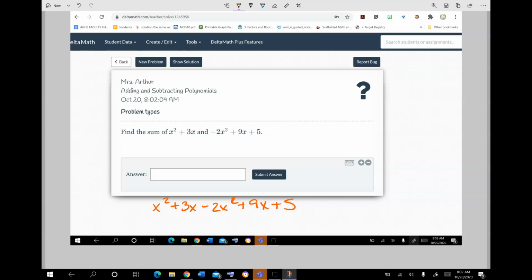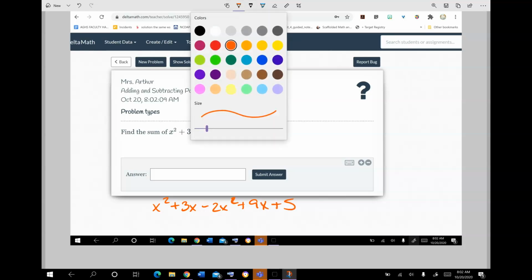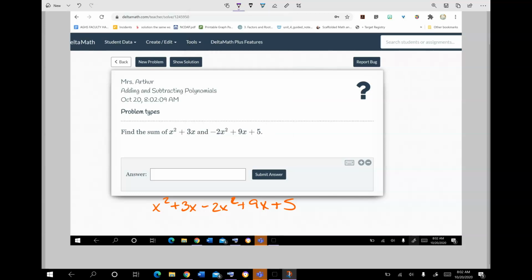All right, so all we're going to do is just smush what are common, okay? So x squared and negative 2x squared makes a negative x squared. Positive 3x and positive 9x make a positive 12x. And then plus 5 doesn't have anybody, okay? And then you would just type that into Delta Math.